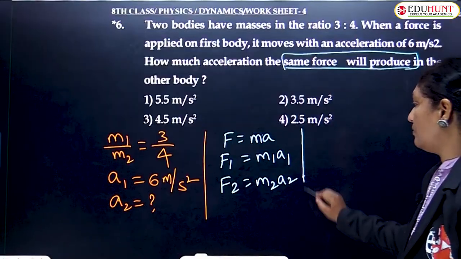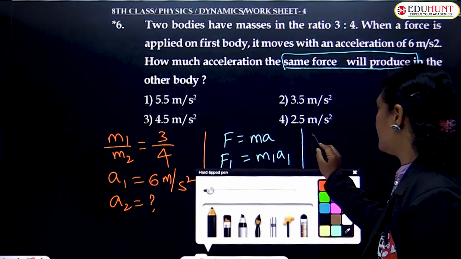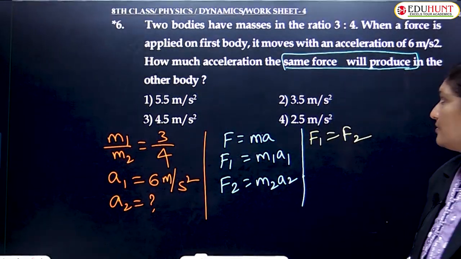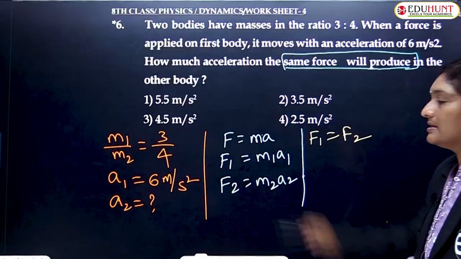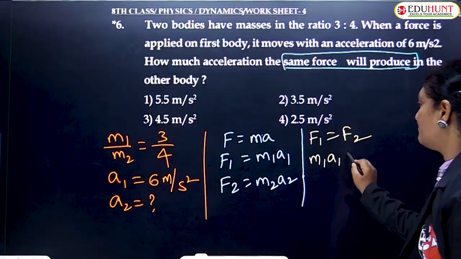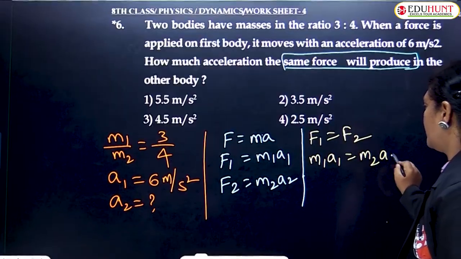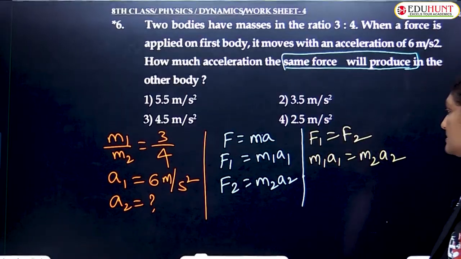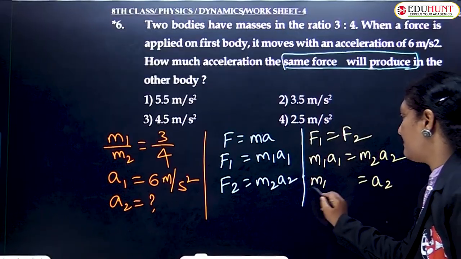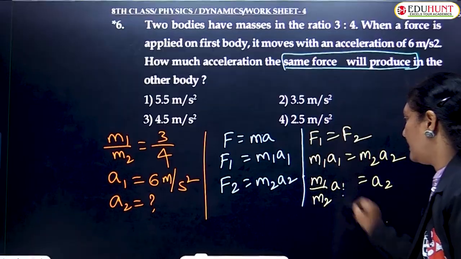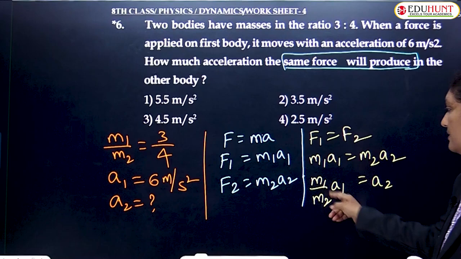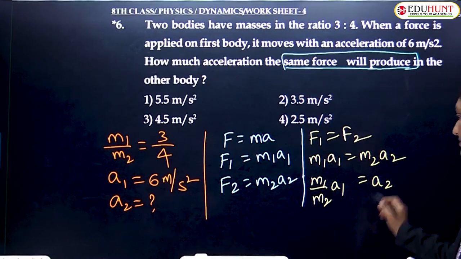But what is given, children? The given condition is that force is the same. That is F1 is equal to F2. Same force means F1 is equal to F2. That means if the left hand side is equal, the right hand side is also equal. M1 A1 is equal to M2 A2. So from this, the value of A2 can be written by bringing M2 to the other side: M1 by M2 into A1. Hope you understood. M1 A1 equals M2 A2.